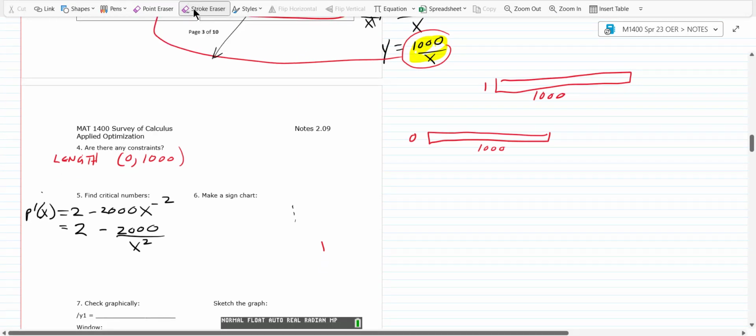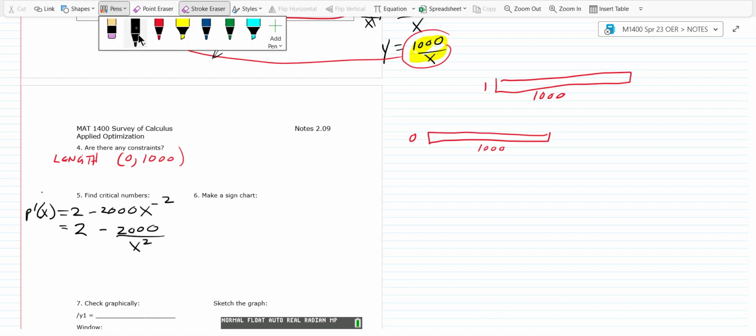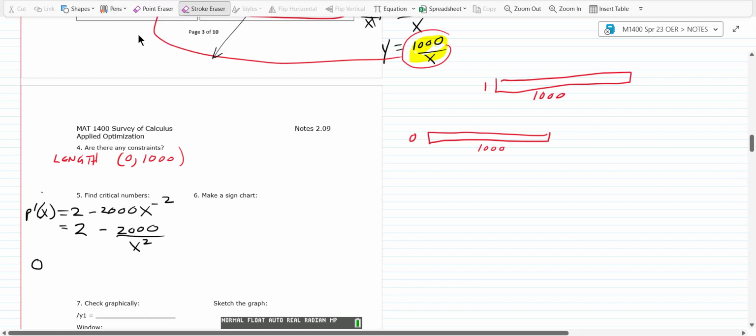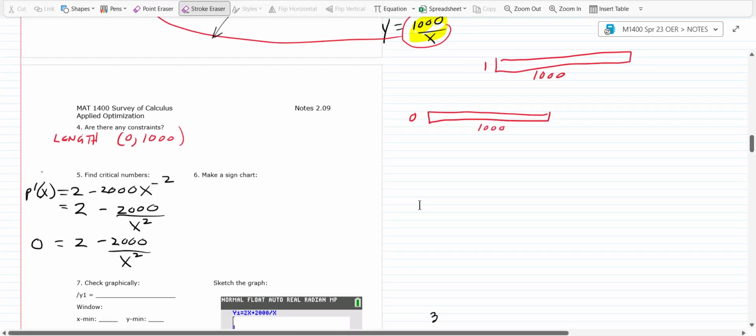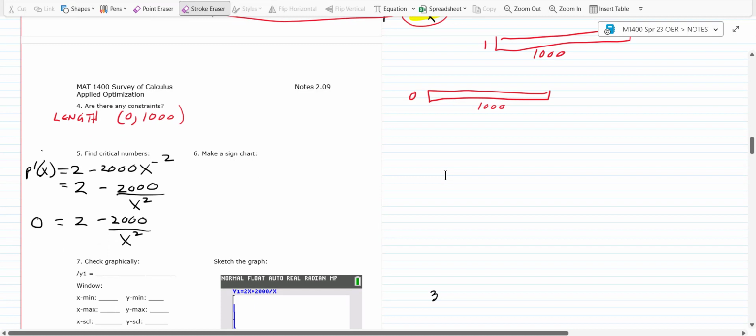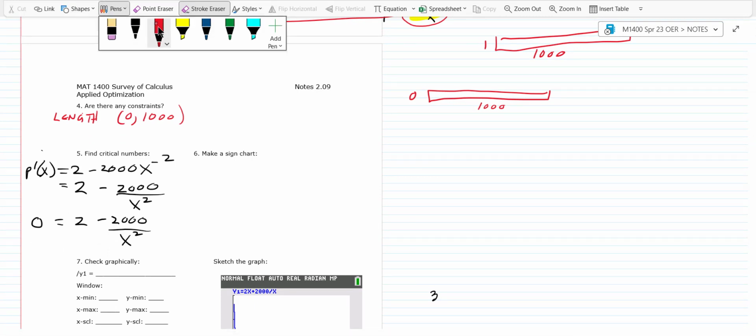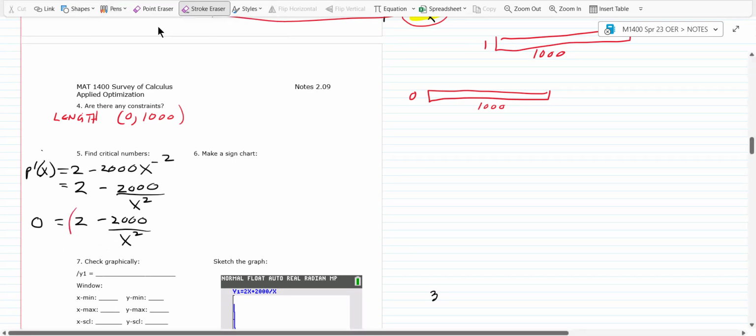Okay, so these are things that we've been working on for quite a while now. So we've got 0 equals 2 minus 2,000 over x squared. There's a couple of ways to do this. One way is to multiply both sides by x squared to get rid of the fraction.